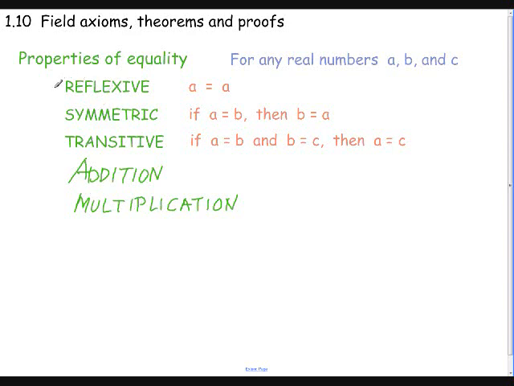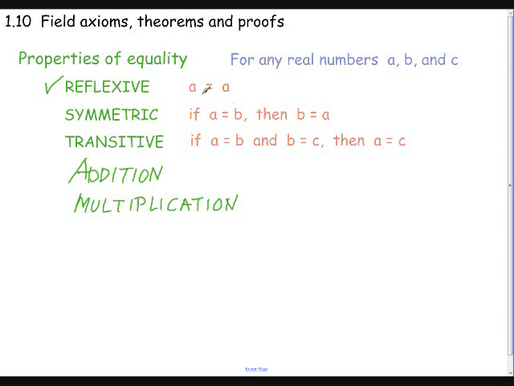There are some new properties of equality we want to look at. You studied these back in geometry. The reflexive property. It seems so obvious, doesn't it, that A will equal A, or a thing will equal itself.